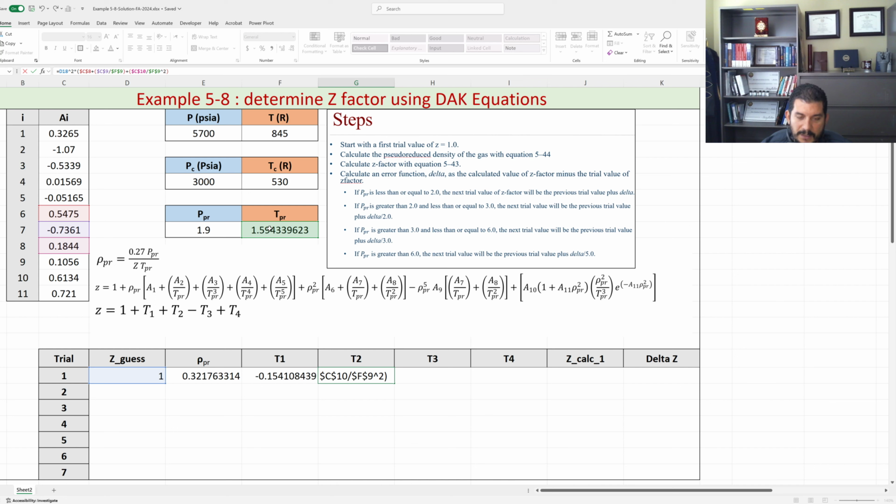And now I'm going to close the big parentheses that we opened initially and press enter.